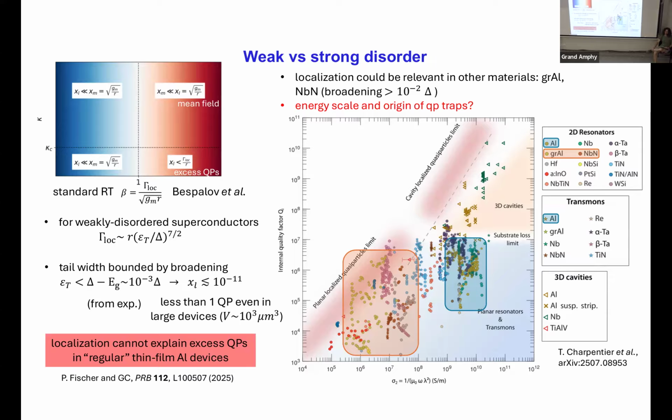So that observation also hints at some bands somewhere far in the gap. But then again, the microscopic origin of this is really unknown. I know that depending on the growth conditions, you can have tiny alpha tantalum inclusions in beta tantalum.